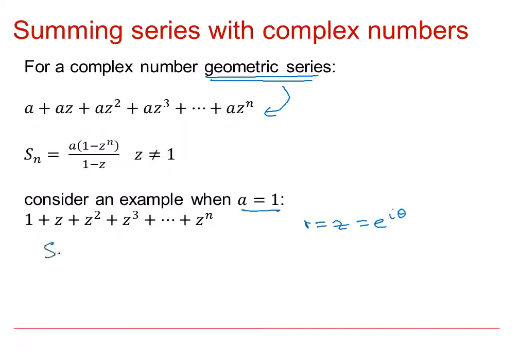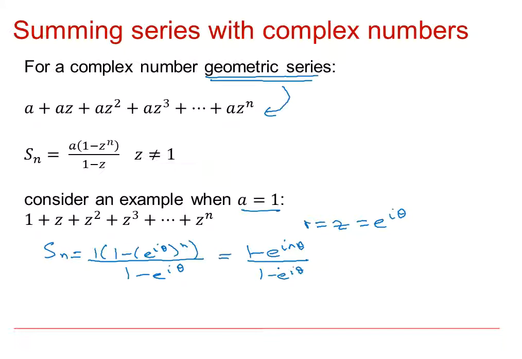Therefore the sum of n terms of this pattern is 1 minus the ratio to the power n over 1 minus the ratio, which using De Moivre's theorem can be written as 1 minus e to the i n theta over 1 minus e to the i theta. And we're going to be using some of these ideas of summation of geometric series in the following examples.